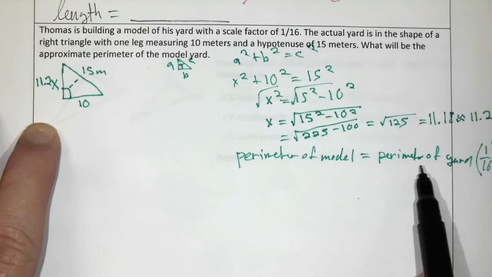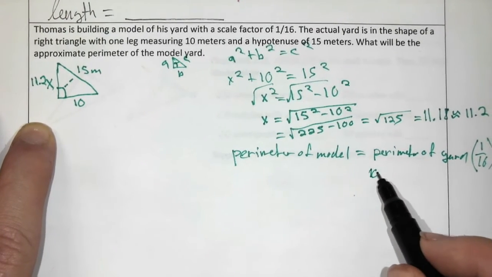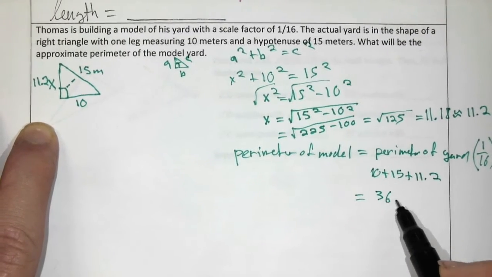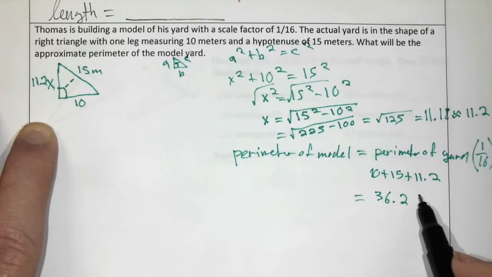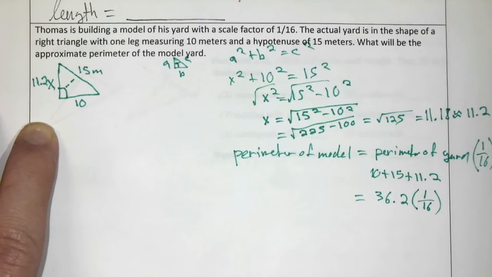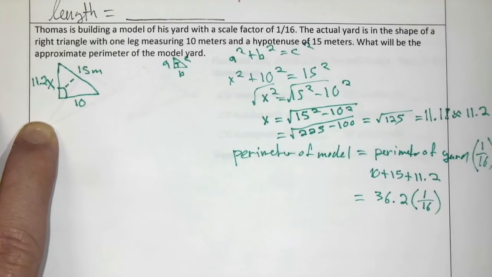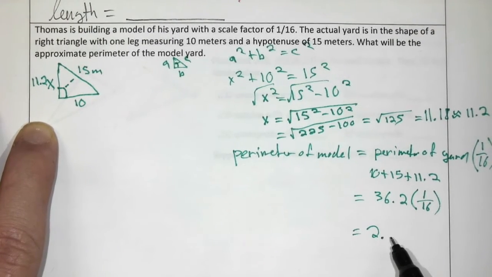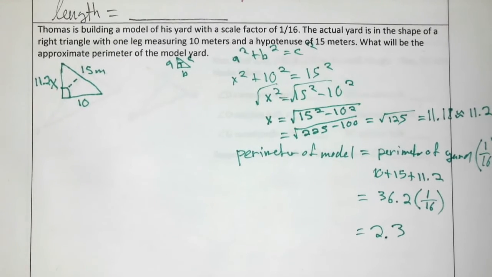So now the perimeter of the yard is going to be 10 plus 15 plus 11.2. That's 36.2. Then we're going to multiply that times the scale factor, 1/16. 36.2 times 1/16 equals 2.26.